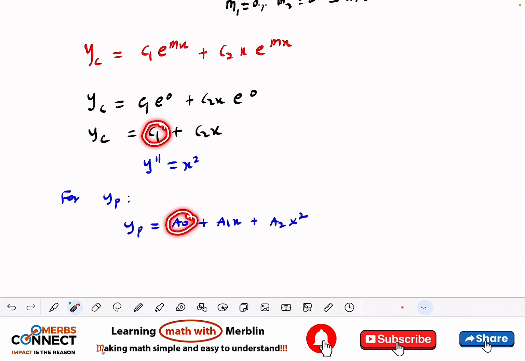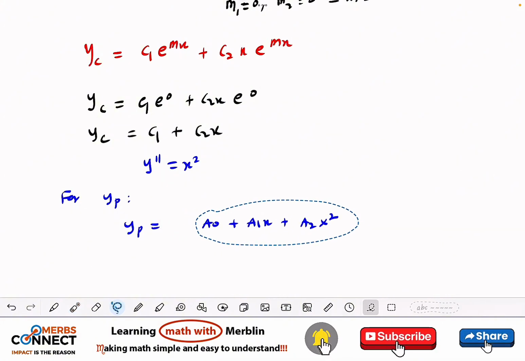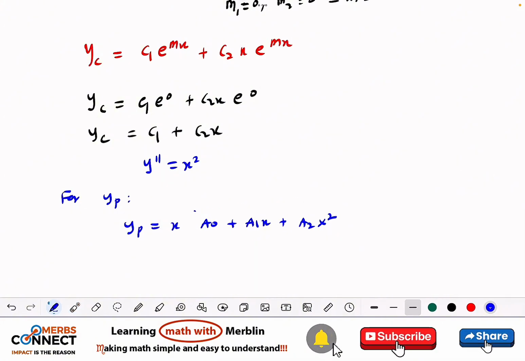So no way, we need to modify this by multiplying through by what? X. So let me multiply this one by x. Good. So I've done the modification. So this one will be a0 x plus a1 x squared plus a2 x cubed.